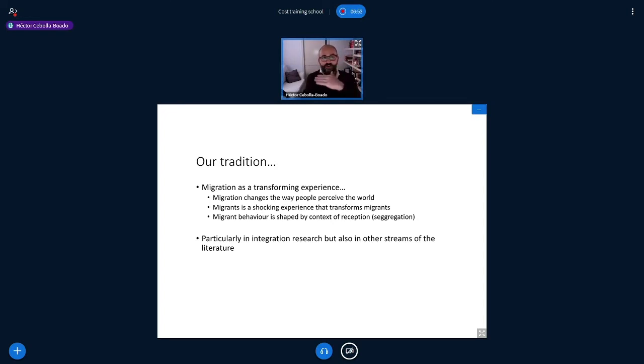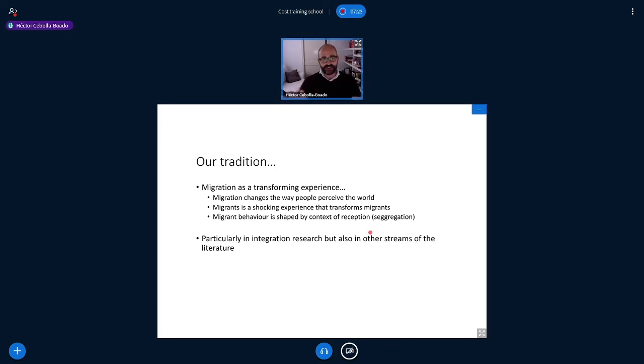So all these questions or approaches to studying migration actually suggest that the context in which migrants emigrate and in which migrants integrate is important. And the idea that the context is the key independent variable is behind most of the research that we are producing these days or over the last decades in migration research.